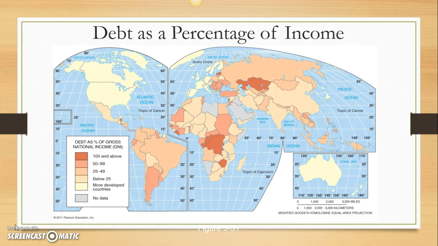So one of those things that's always useful to look at, if you look at debt as a percentage of income, in our more developed countries, less than 25%. Okay, there's a handful of countries where there's no data, but unsurprisingly, some of our less developed countries are the ones where you see 100% or more of their income is debt.